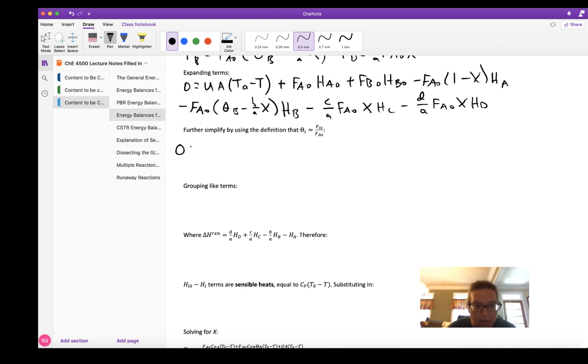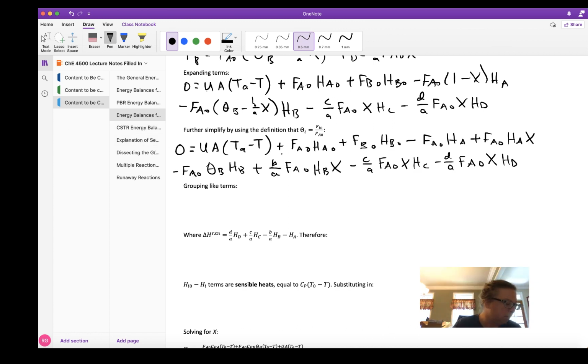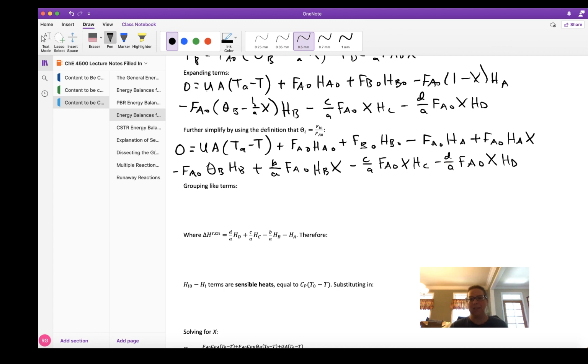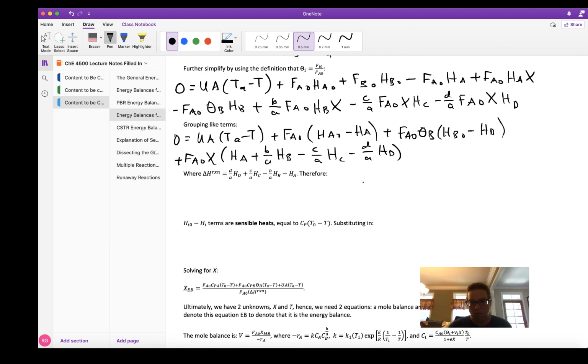So I have 0 equals. Okay, so now I'm going to take this expression and I'm going to group like terms. When I group like terms, basically what I'm doing is taking everything that's multiplied by x and putting that into a single term. Notice what I have here, these enthalpies, these H's are heats of formation.